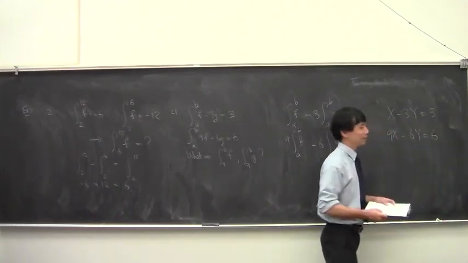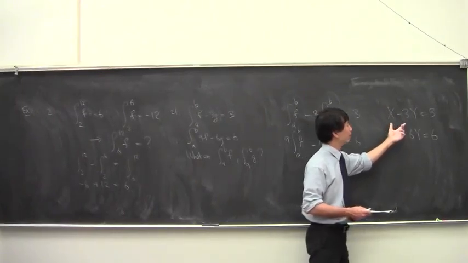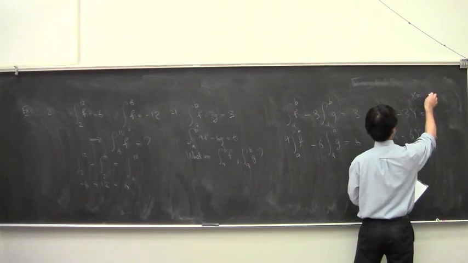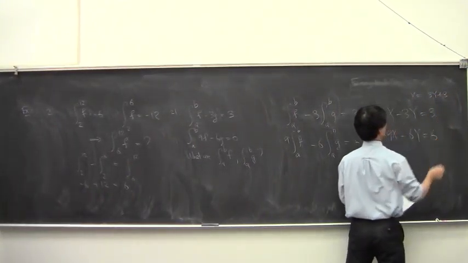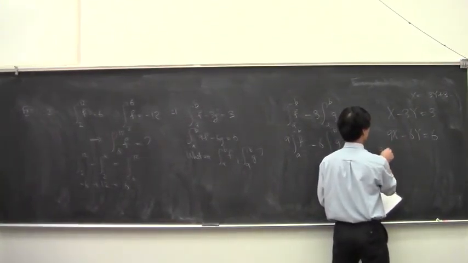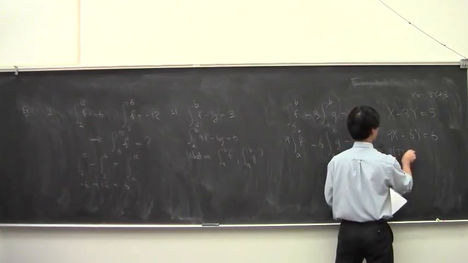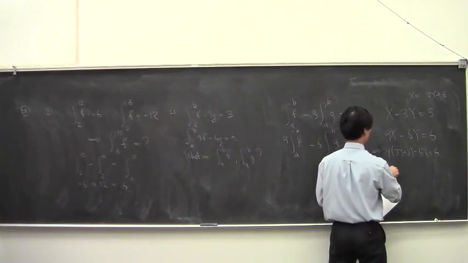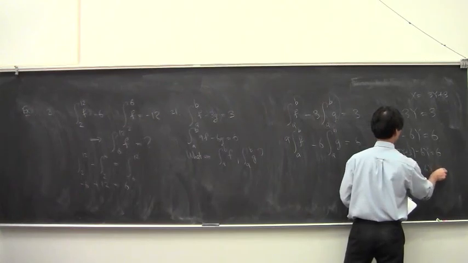Okay, so you've got two lines, and you're trying to find the point of intersection of the lines. One way, maybe, is to say x is 3y plus 3. And then you substitute: 9 times 3y plus 3, minus 6y equals 6. That's to say 27y plus 27 minus 6y equals 6.